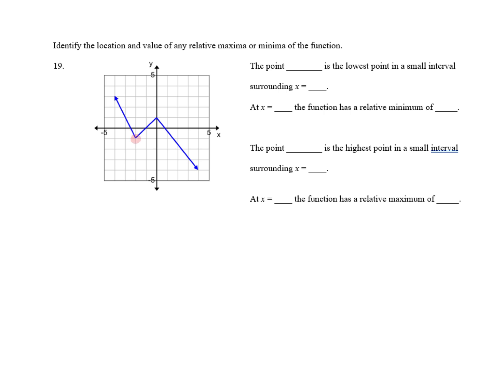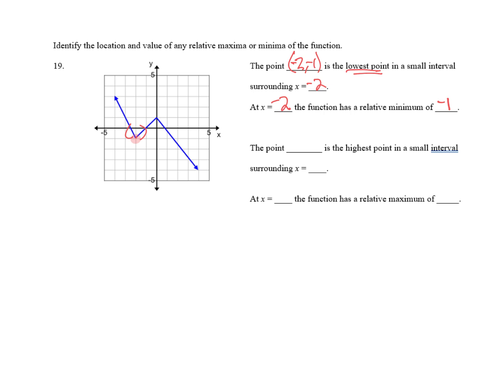It's a relative minimum because that point, which happens to be -2, -1, is the lowest point on an interval around -2. Okay, now how do we describe that? That means at x equals -2, the function has a relative minimum value of -1.